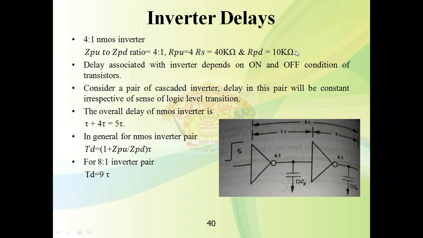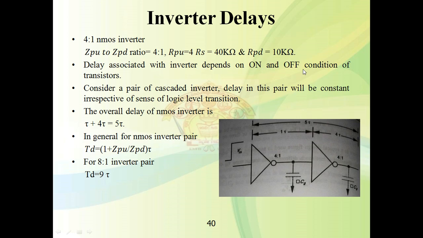So for an n-type transistor, the 4:1 transistor is 40 kilo ohm and the 1:1 transistor is 10 kilo ohm.